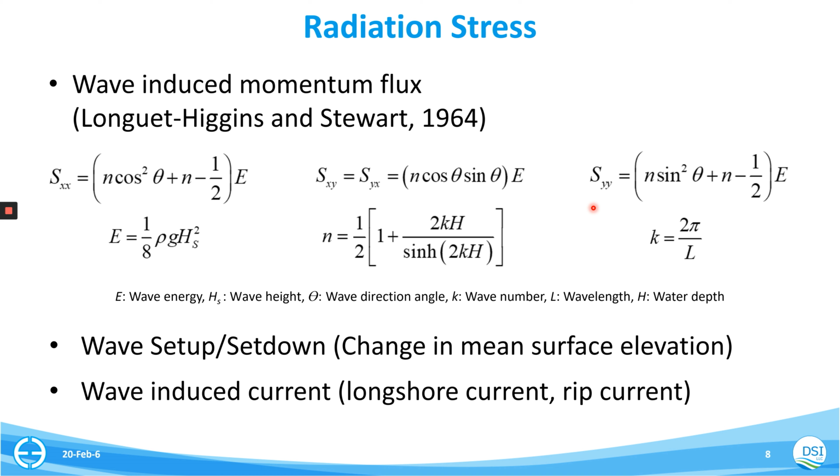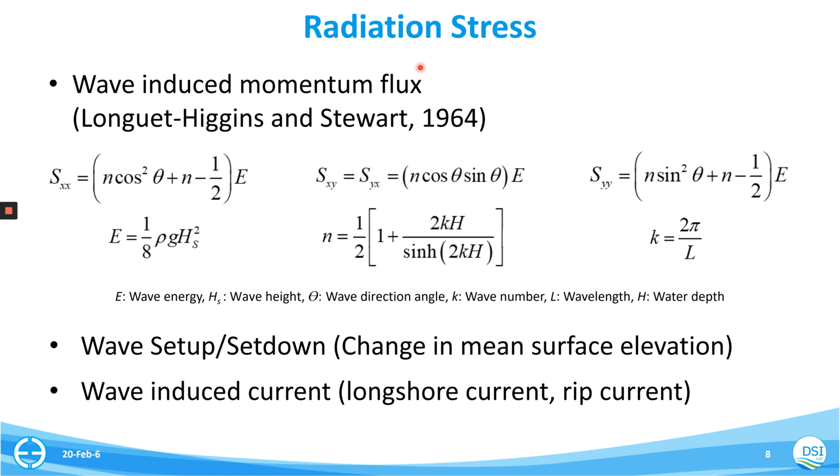The last important phenomenon is the radiation stress. It is called radiation stress, but it is actually the wave-induced momentum flux generated by the wave itself. It's only called stress because of the unit, as it is divided by the unit length in the x or y directions.